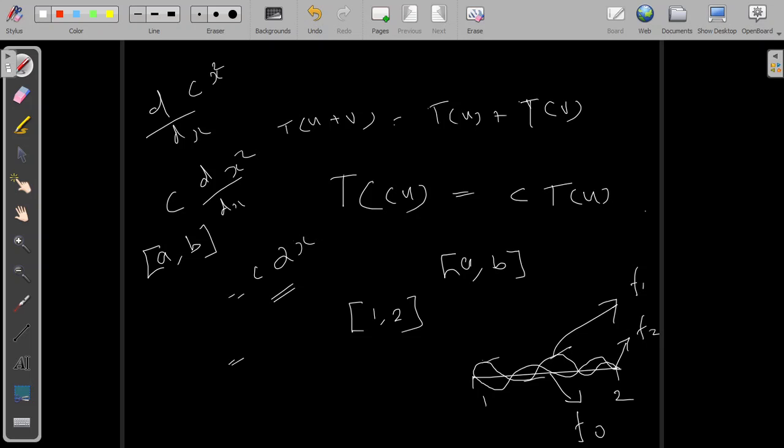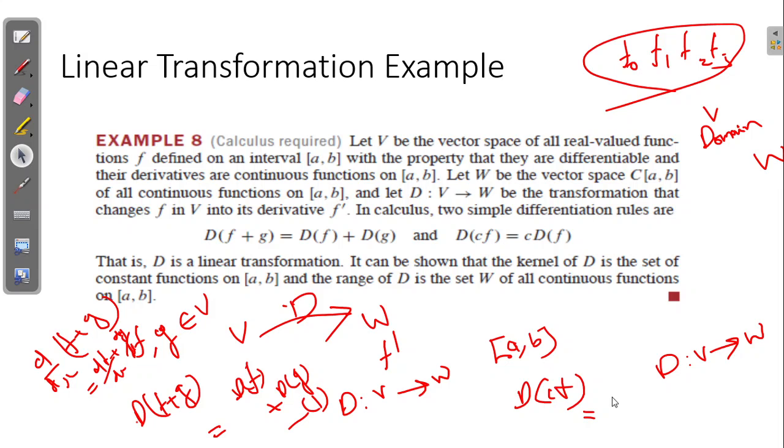That's our property of calculus. So I am applying this calculus property here. Then D of cf is equal to c into D of f. So the two axioms are satisfied. So D is a linear transformation.